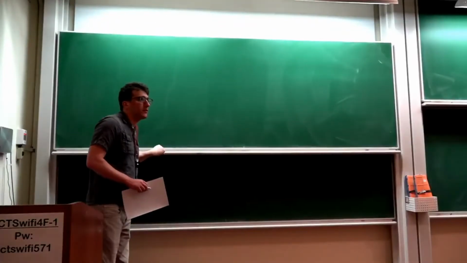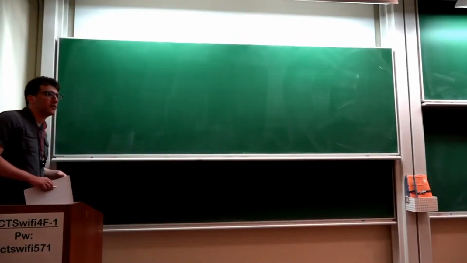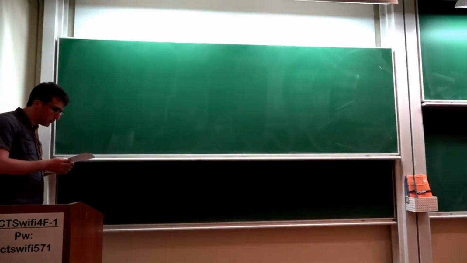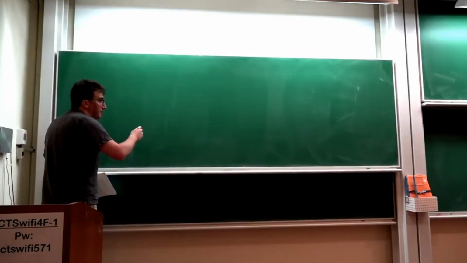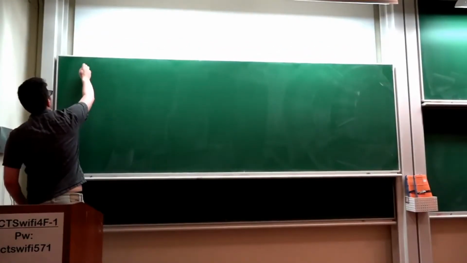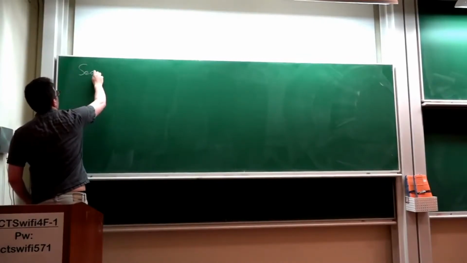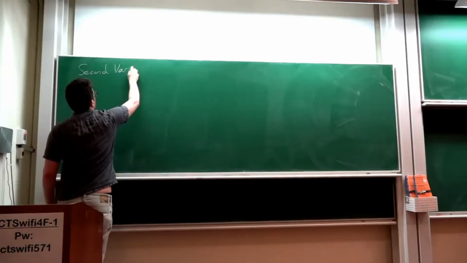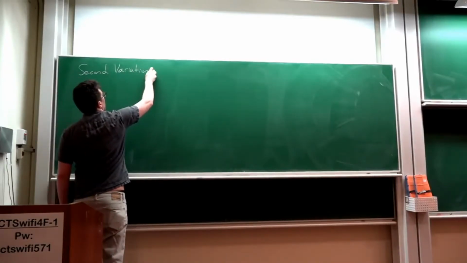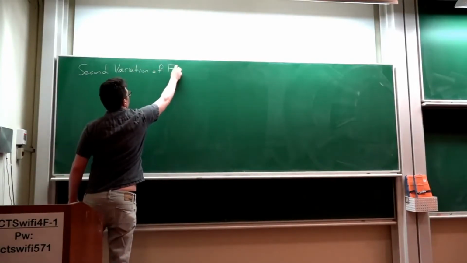I want to maybe talk first about this Morse index characterization of self-shrinkers. I want to talk about the second variation of this Gaussian surface area.